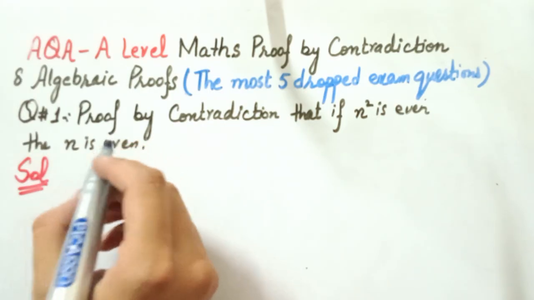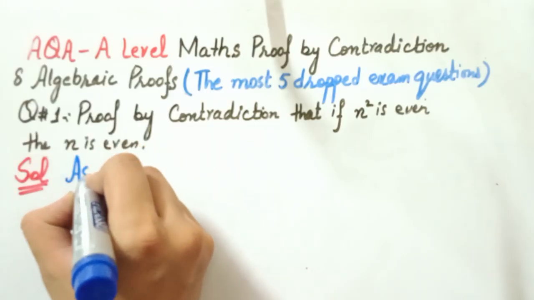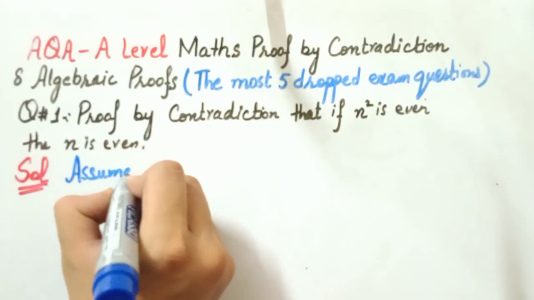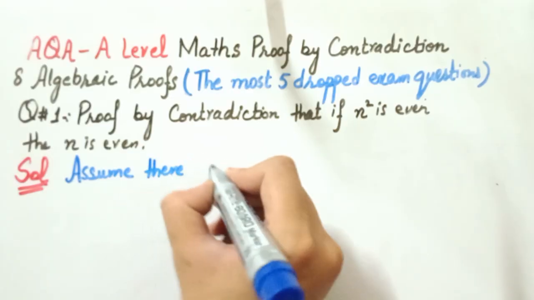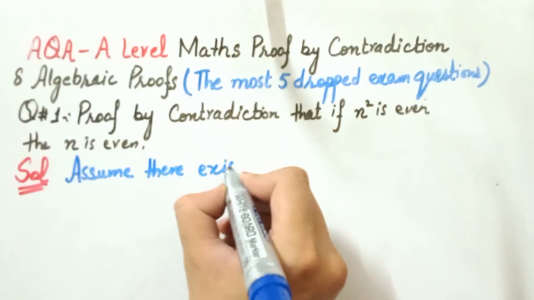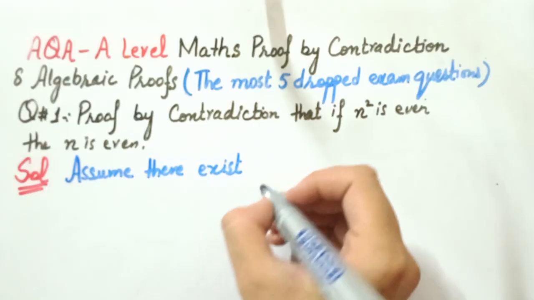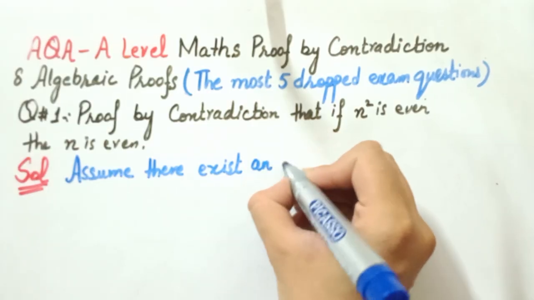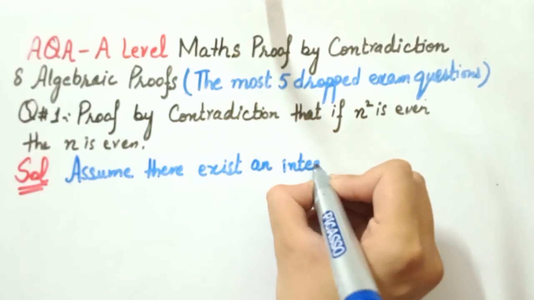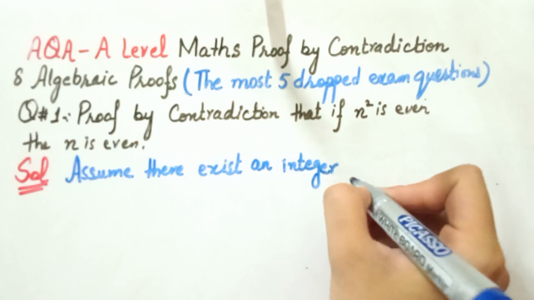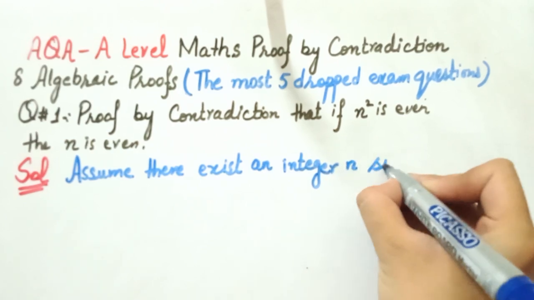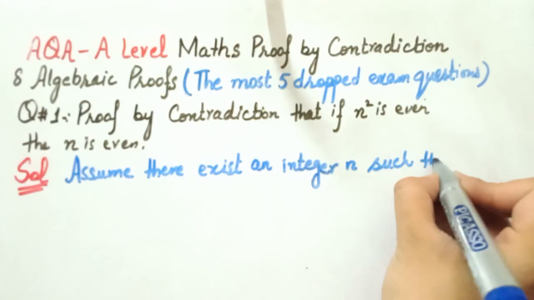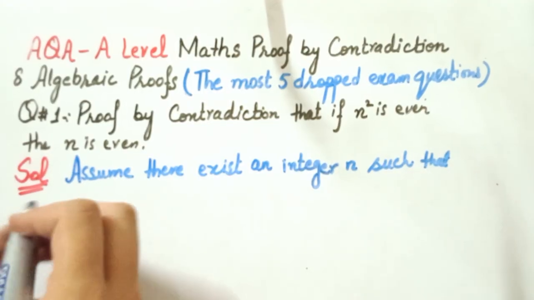We assume there exists an integer n such that n square is even.